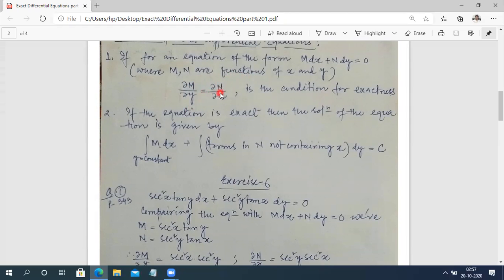If the two values are equal, then write the solution as integration of m with respect to dx keeping y as constant plus integration of those terms in n which do not contain any x with respect to dy is equal to c.